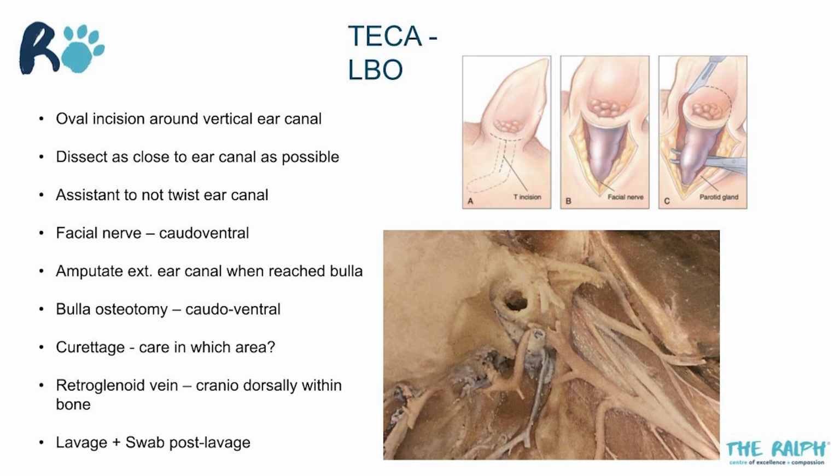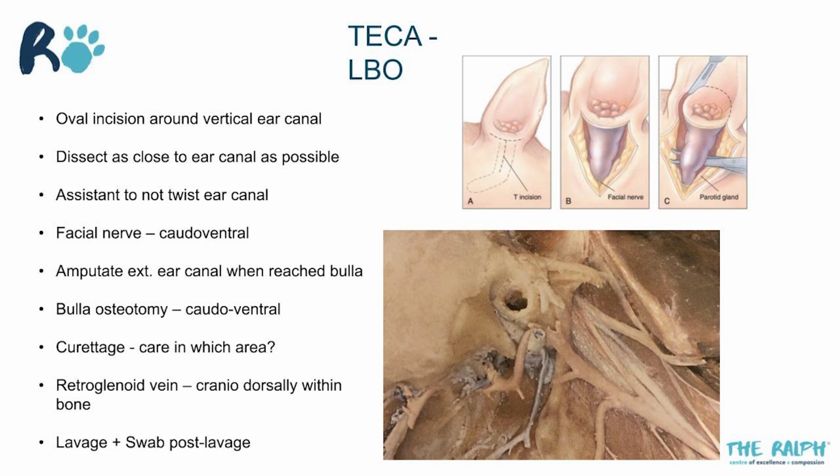If you have bleeding from the retroglenoid, no panic, you can stop it. You can pack it, put your swabs there and wait for 10 minutes. You can use ice-cold saline to stop the bleeding, or even bone wax if you have it available at the practice. You would just place some bone wax and hopefully that would be it. But the bleeding normally resolves after you pack it or use ice-cold saline, no problem.